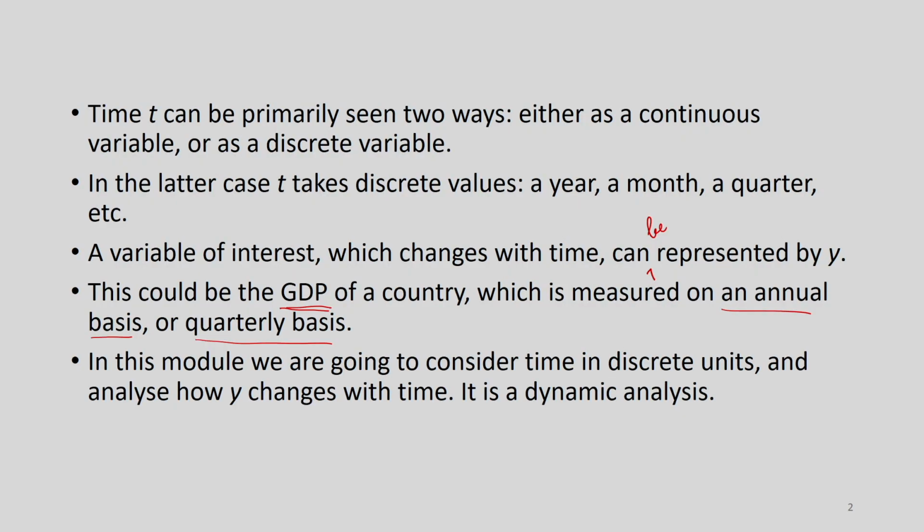So, one does not talk about, for example, the GDP of a second, right, that is absurd. So, that basically means that the GDP that we are talking about is measured with respect to time, but that time is discrete time.